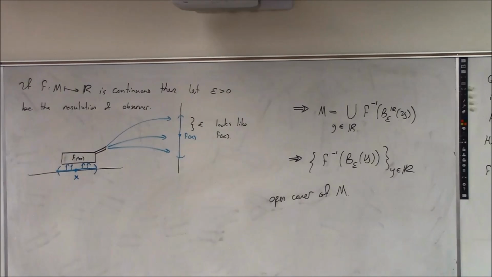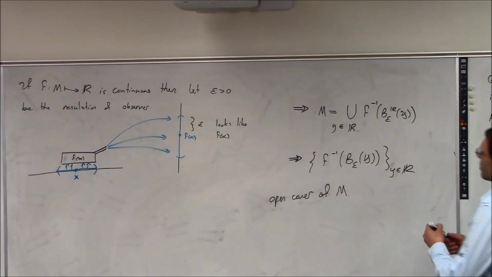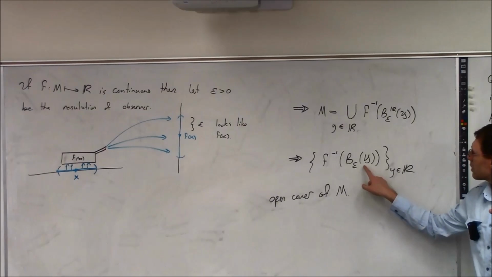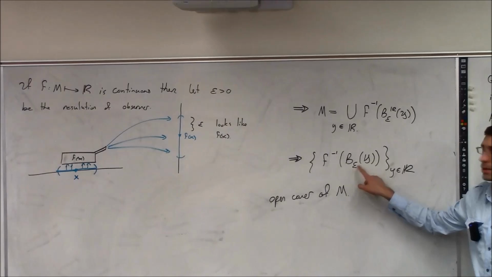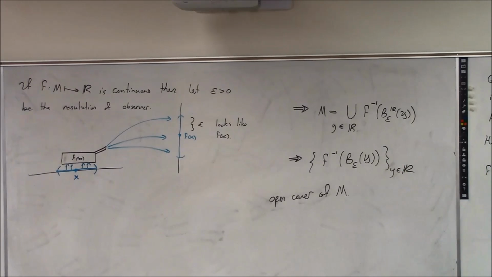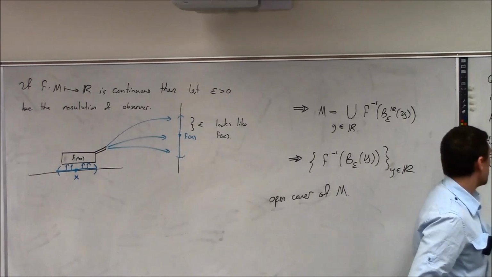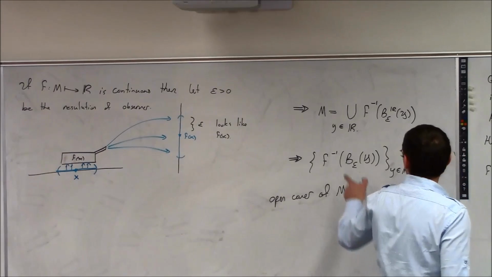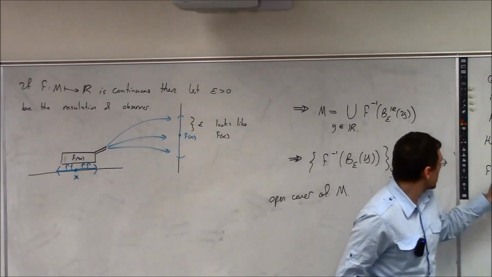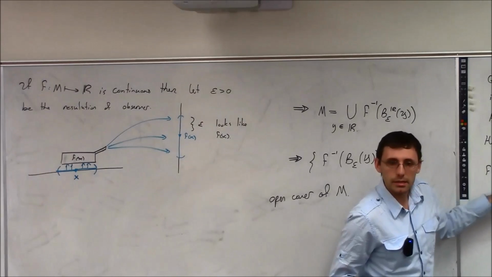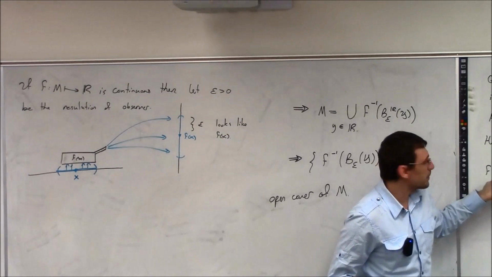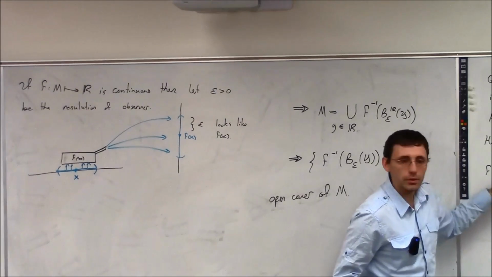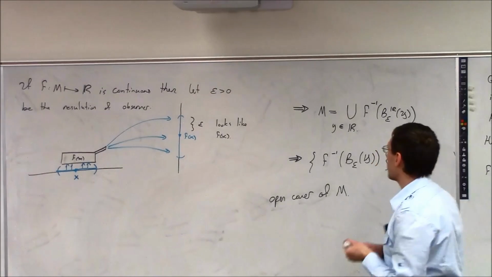So it's an uncountable set, which, to the observer whose resolution is epsilon, are all the possible hit points of this function. But if I can reduce it to a finite subcover, it looks as if it's just a few points.